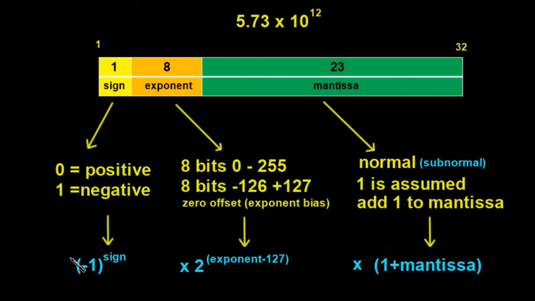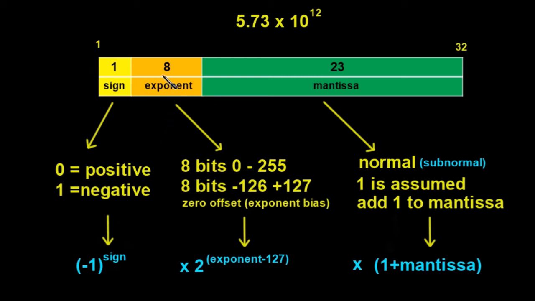Now if we make the sign negative, then it'll have a value of 1. Anything raised to the power of 1 is just itself. So in this case, minus 1 raised to the power of 1 is just minus 1. That means it's going to be minus 1 times whatever we have here, which gives us our minus values. Don't worry too much about that. It's just a little mathematical trick they use in order to represent the floating points mathematically. The only thing you need to remember here is 0 is positive and 1 is negative.